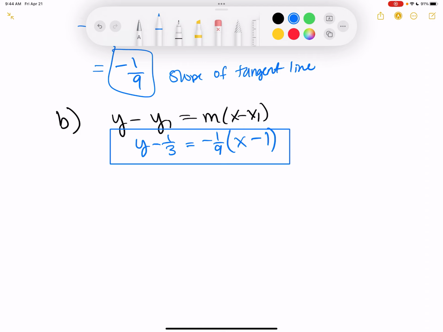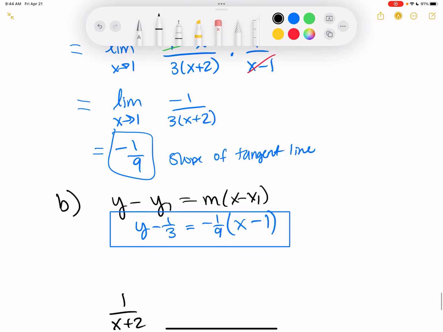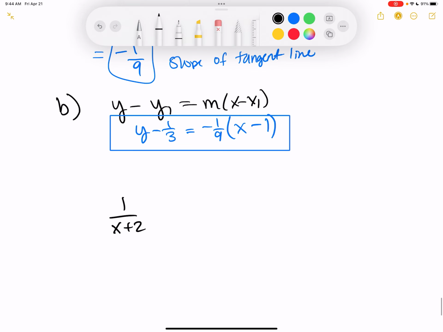The problem is 1 over x plus 2, so it's basically what we just had. You cannot, as this sits, take the derivative. The derivative of this is not 1 over 1.